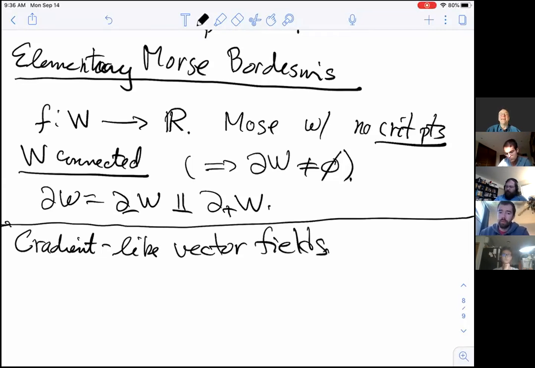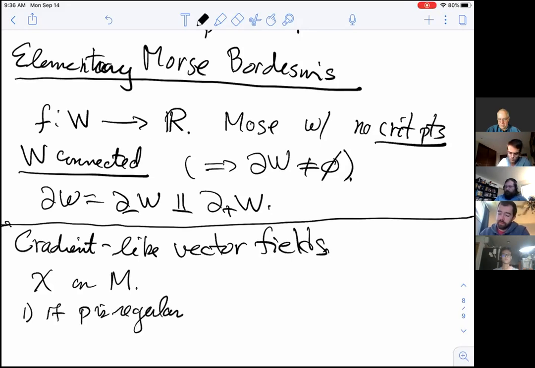So a gradient-like vector field is a vector field chi on W or M with two properties. One, if P is regular, dF at P evaluated on chi P is positive.